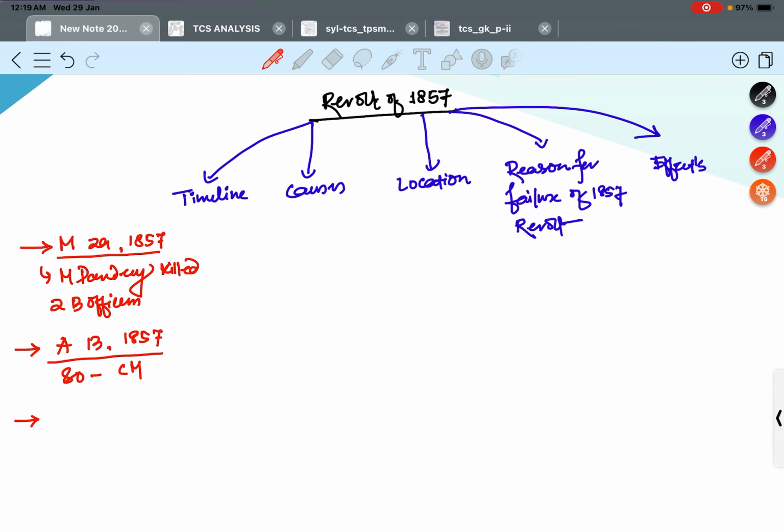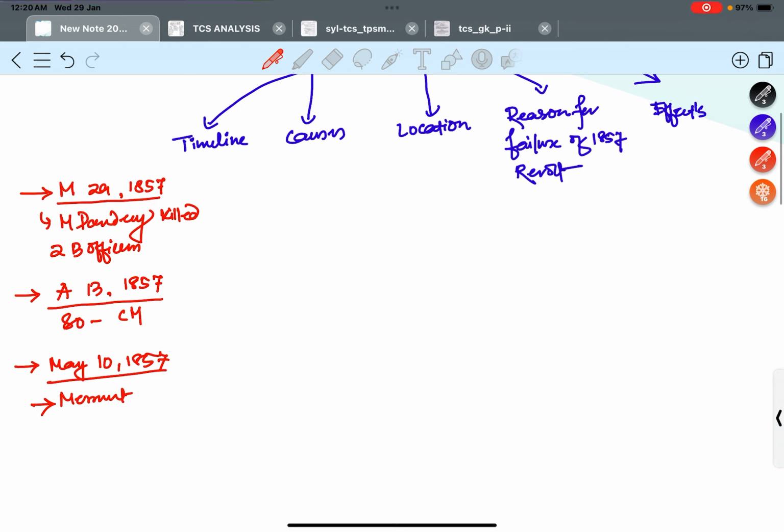And there is another date, May 10, 1857. On that date, the mutiny started in Meerut. Meerut is a place in UP. Okay, so you have to make a timeline. There are so many other dates also. So these will be your timeline.